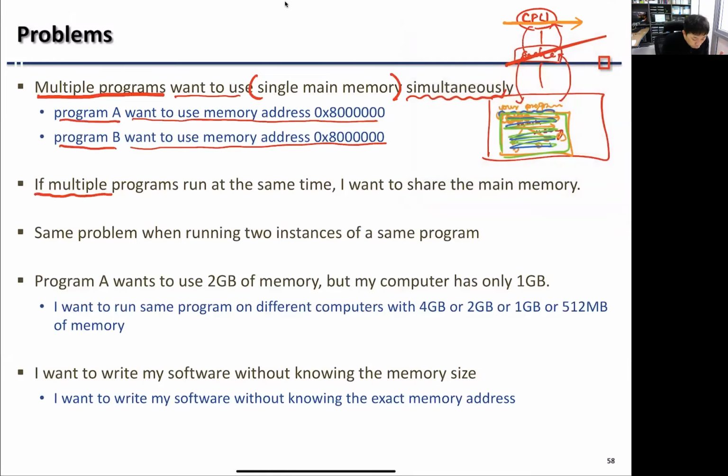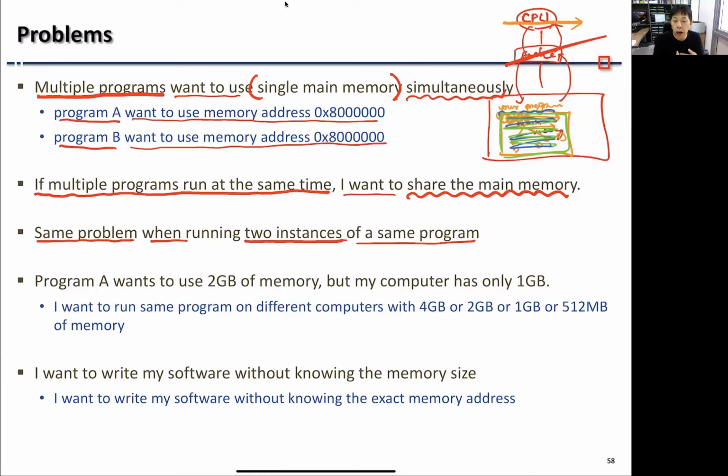If multiple programs run at the same time, I want to share the main memory. There is the same problem when running two instances of the same program. When I open two windows of PowerPoint, or three windows of a web browser, we run several instances of the same program, and we have the same problem.